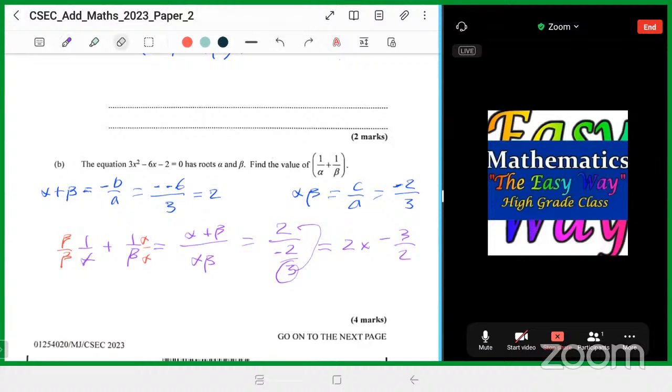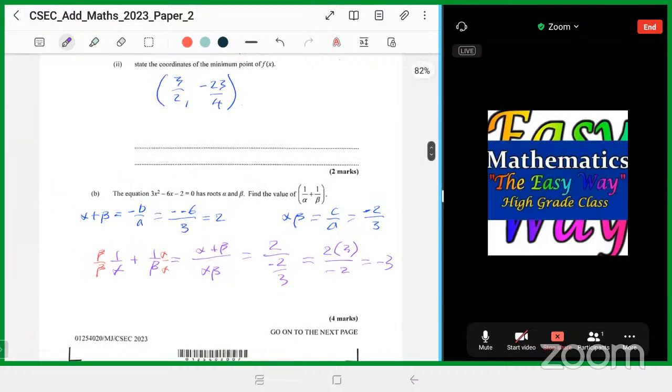Let's do the mathematics the easy way. I can just write this as 2 times 3 over negative 2. So it becomes negative 3, because this will cancel this. So my answer there is negative 3. Done. Next part.